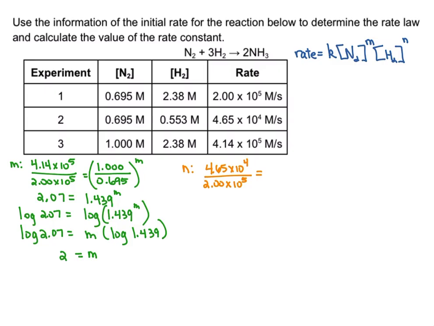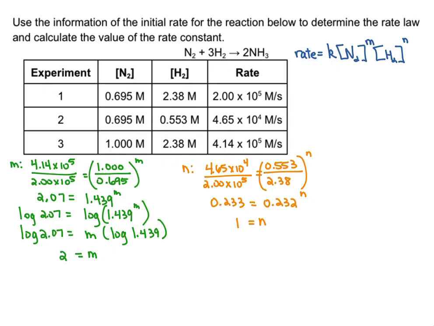And I'm looking at the concentration of H2, so that would be 0.553 over 2.38, all raised to the power of N. All right, 4.65 times 10 to the 4th divided by 2 times 10 to the 5th is 0.233. And 0.553 divided by 2.38 is 0.232 raised to the power of N. This one is easier to see, so N equals 1.